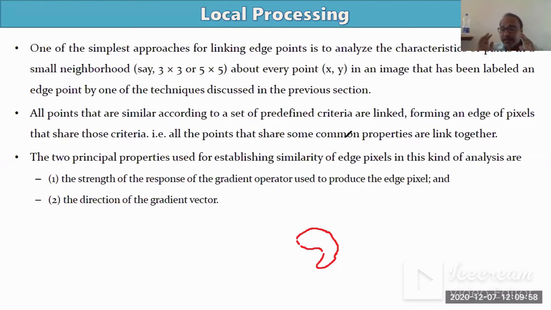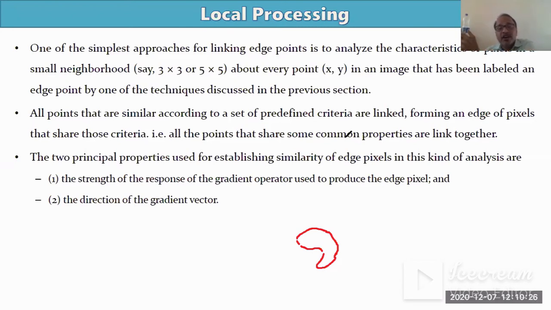We can say it is the grouping of particular pixels: if the pixels have the same criteria, then we can link them. For example, suppose we group students class-wise. The common criterion for all students is that they are grouped according to their classes: MSc first year, MSc second year, BSc first year, BSc second year.